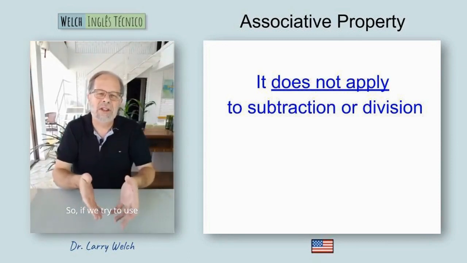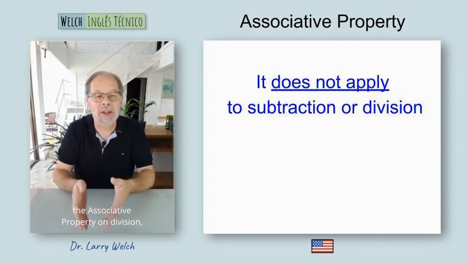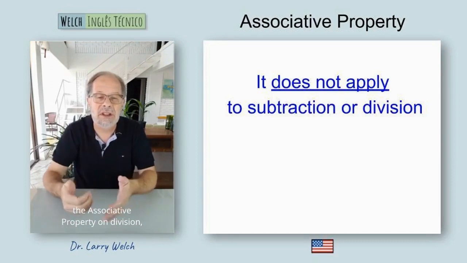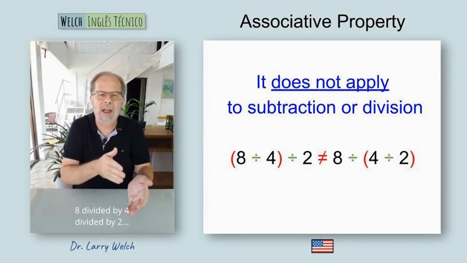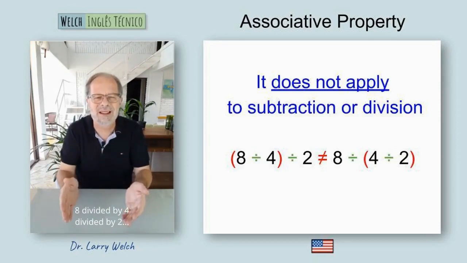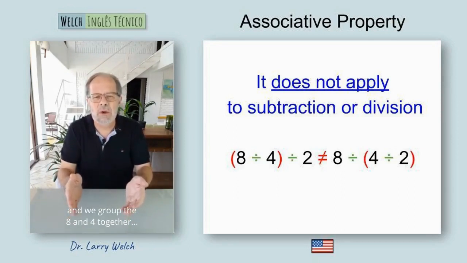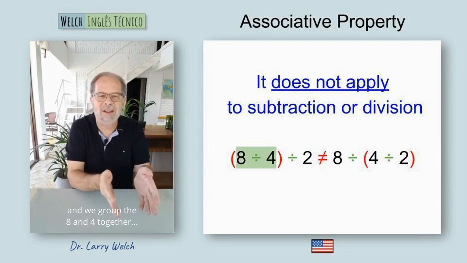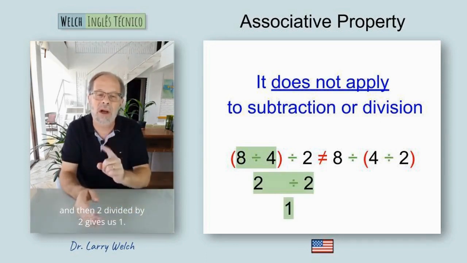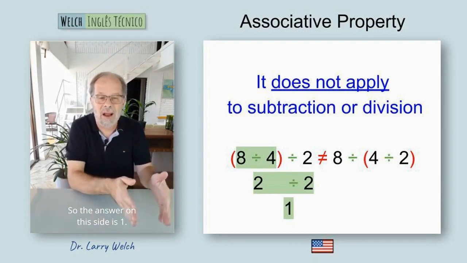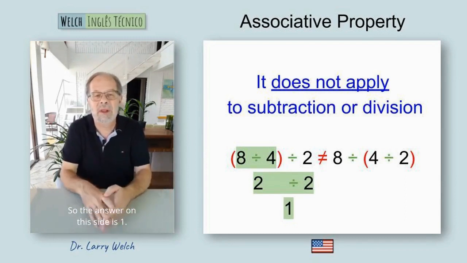So if we try to use the associative property on division, and we have the numbers 8, 4, and 2, 8 divided by 4 divided by 2, and we group the 8 and 4 together, 8 divided by 4 gives us 2, and then 2 divided by 2 gives us 1. So the answer on this side is 1.